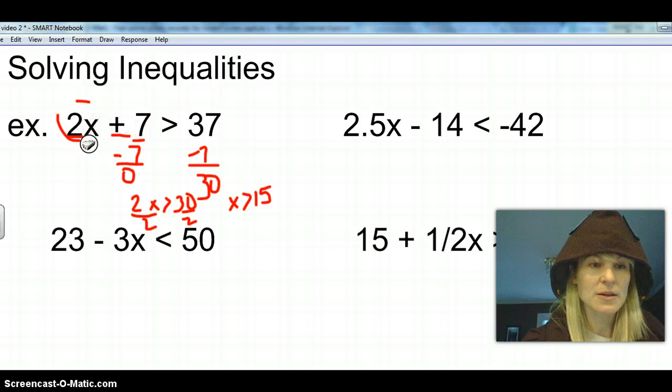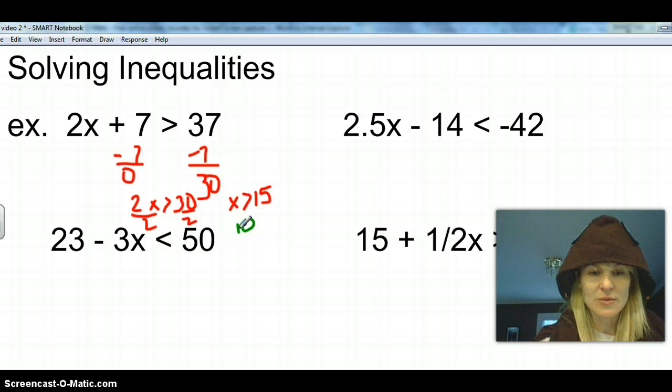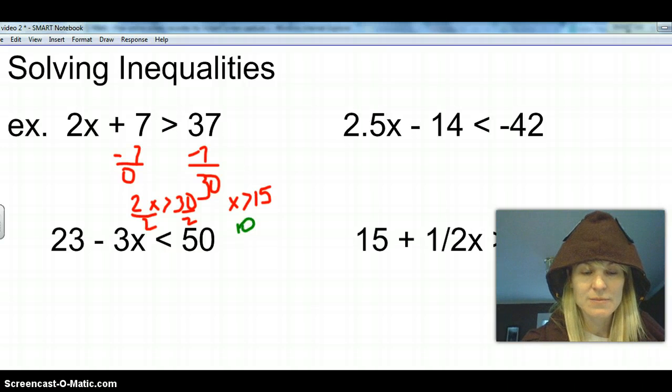So if we go back and look up here, let's just pick a value that's less than 15. Let's pick an easy one, like 10. So if I were to plug in 10 for x, because 10 would fit this statement, or no, that would not fit that statement. What am I doing? Here's a good example of making an error, because I was going to say 10 is greater than 15, and that is clearly not true.